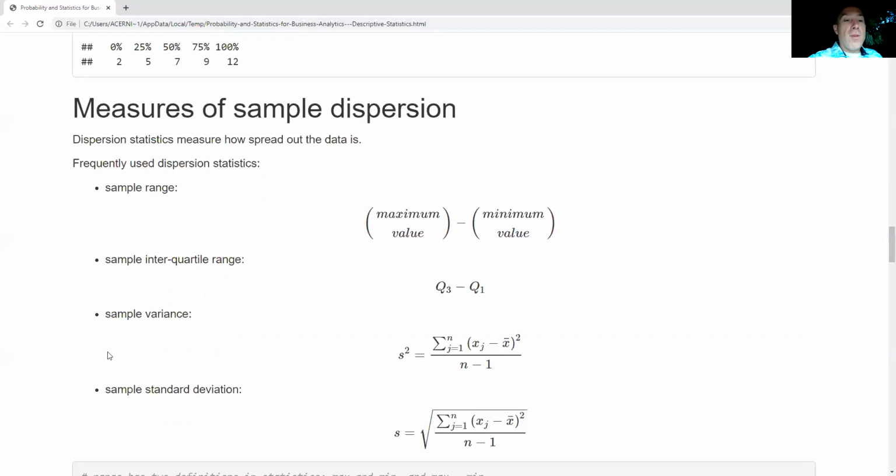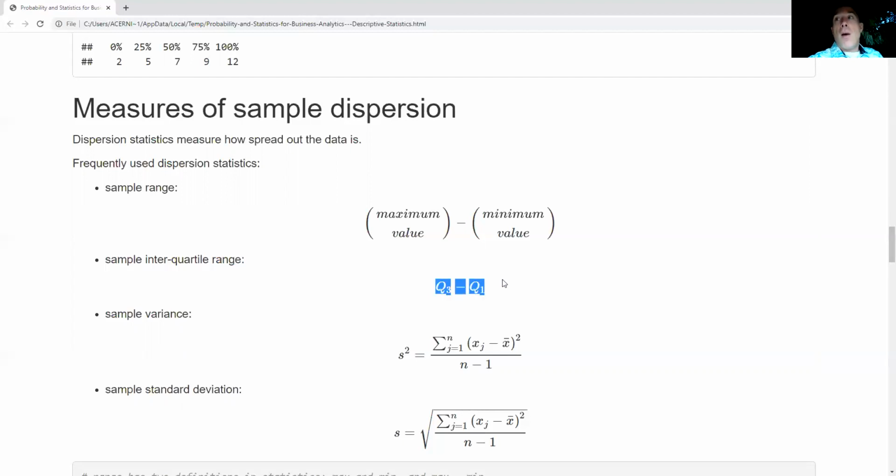So the sample range really is not a good choice for measuring dispersion, even though it's the simplest one. One that's very popular is the interquartile range. I take the middle 50% of my data: I take the 75% quantile cutoff, the 25% quantile cutoff, and then take the difference.